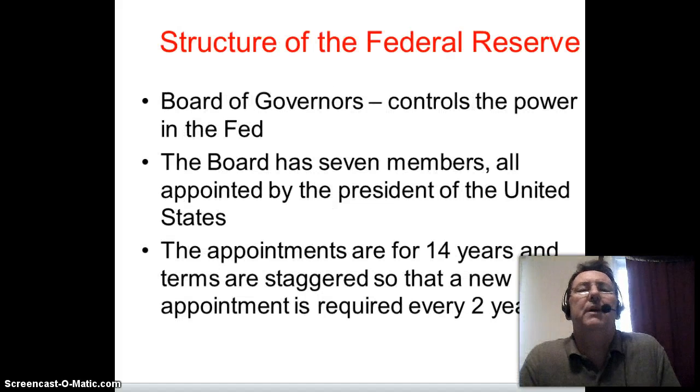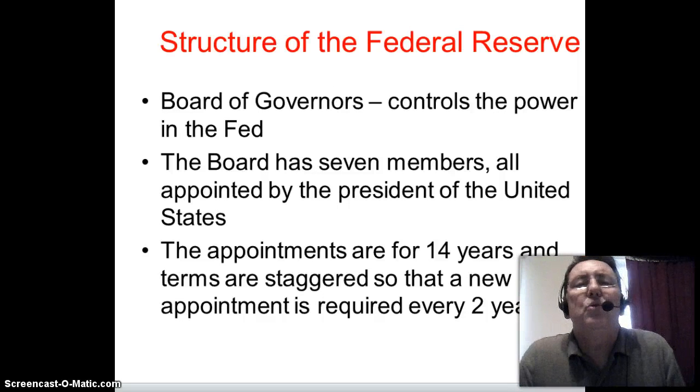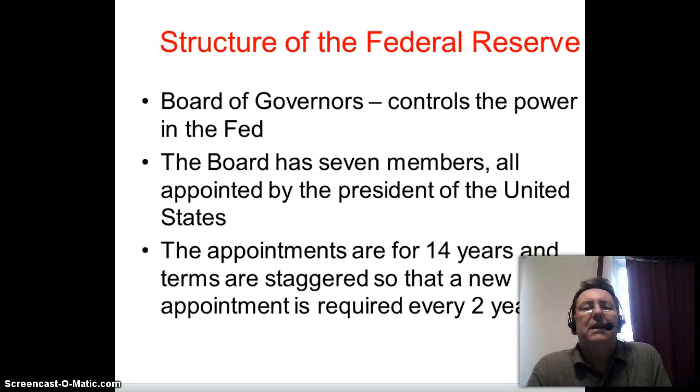The structure of the Fed involves the Board of Governors, which controls the power of the Fed. The board has 7 members, all appointed by the President of the United States. The current chairman of the Fed is Ben Bernanke. He is being replaced by Janet Yellen, who I believe will be the first female chairman of the Fed.